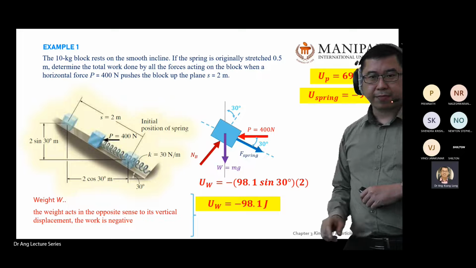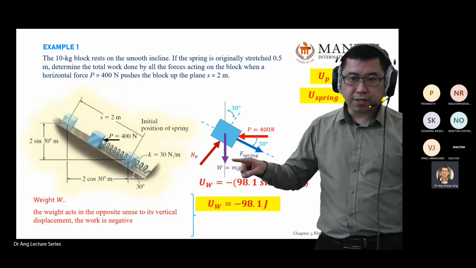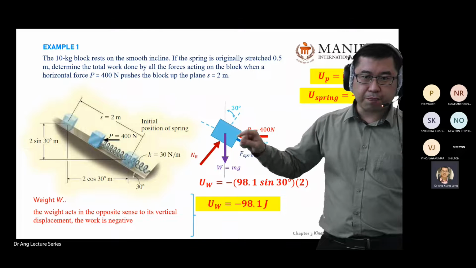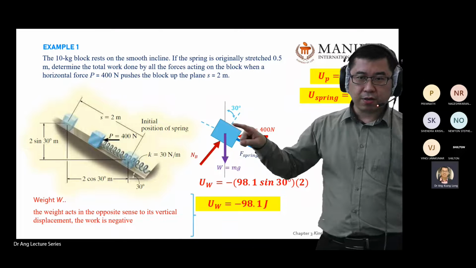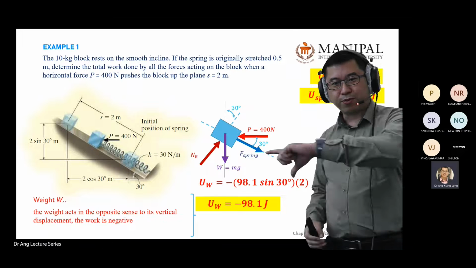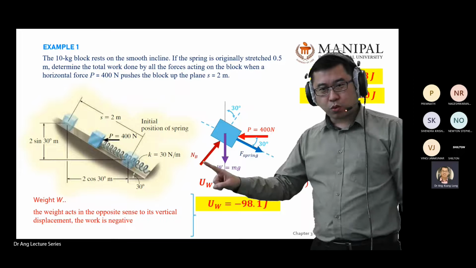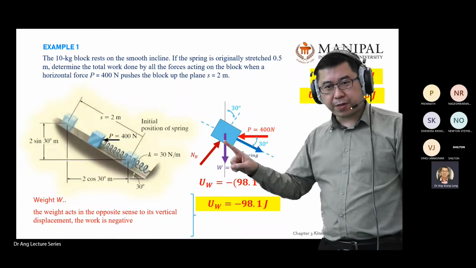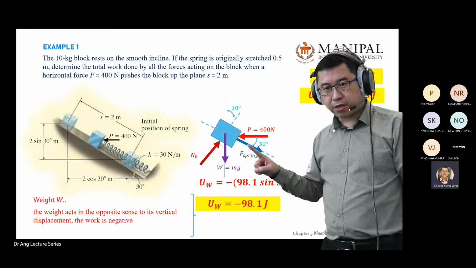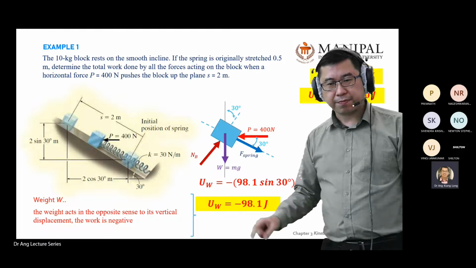Same thing. Meaning you align your gravitational force with the displacement direction. So you can split your gravitational force into two components from the 30-degree angle, into this direction and also this direction.